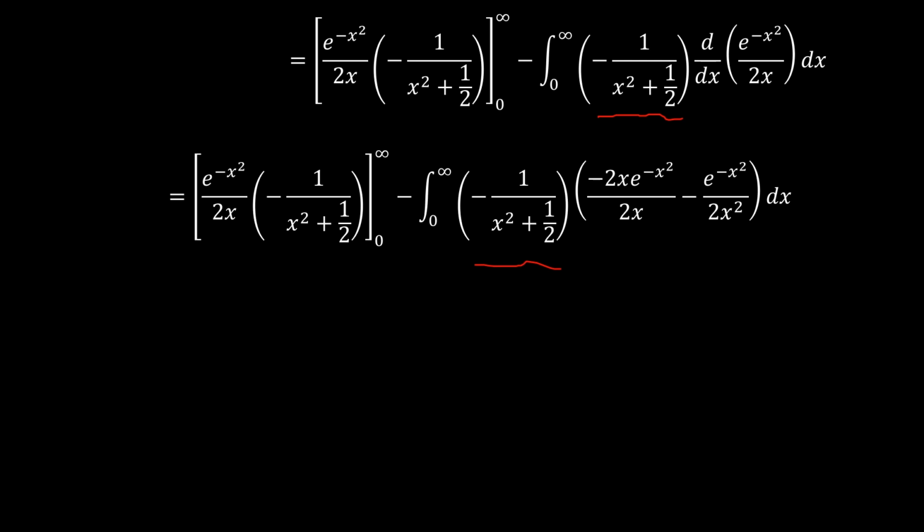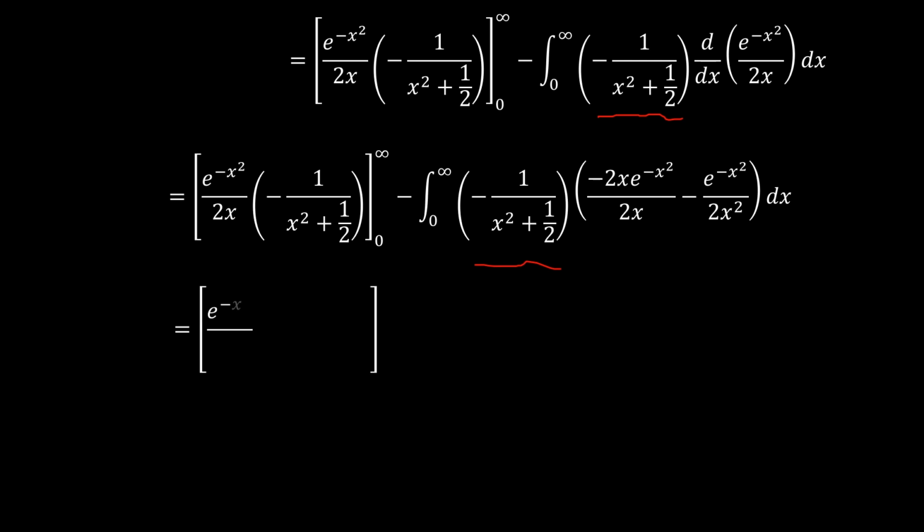We can apply the derivative of a product, which we derive first of all e to the power negative x squared, which is negative 2x e to the power negative x squared, keeping 1 over x as it is, and then we add the derivative of 1 over 2x, which is negative 1 over 2x squared times e to the power negative x squared as it is here.